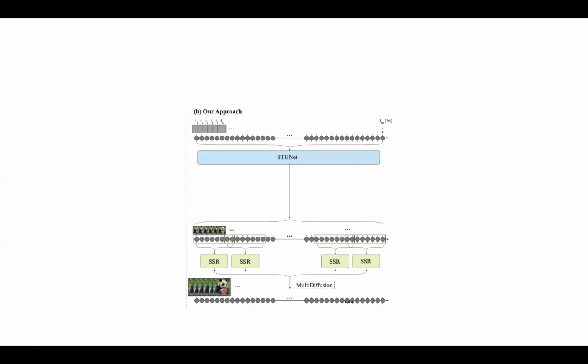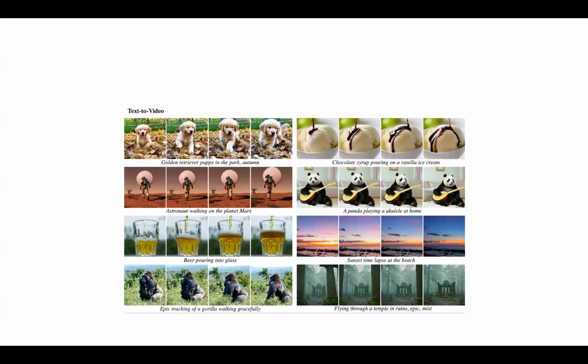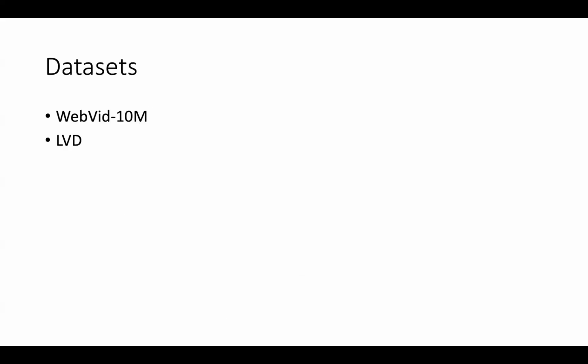So these are a few examples of the outputs of this Lumiere. We can find a lot of these videos on YouTube. These are the datasets I found currently: WebVid-10M and LVD.